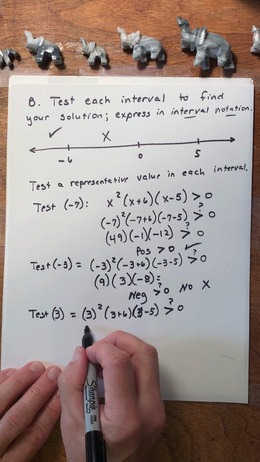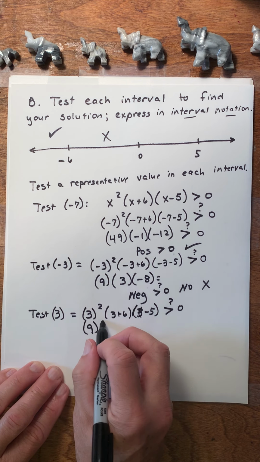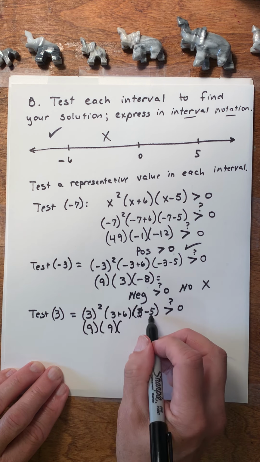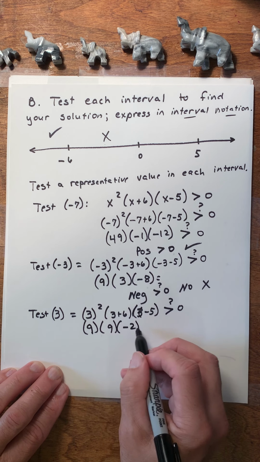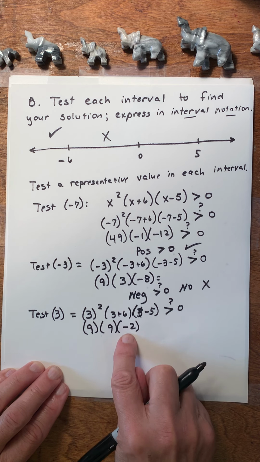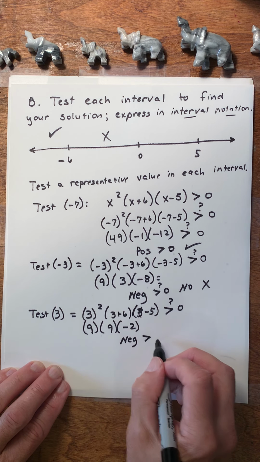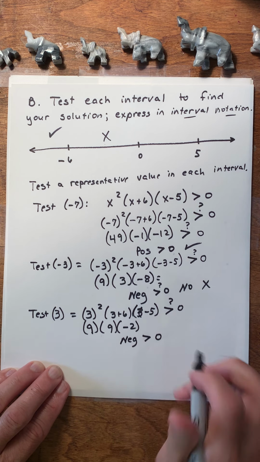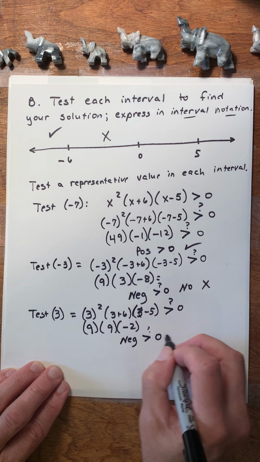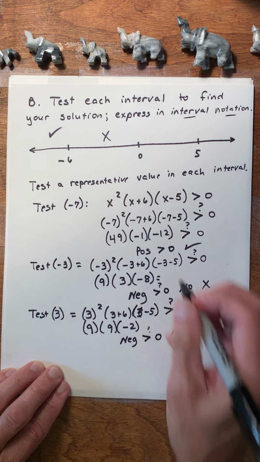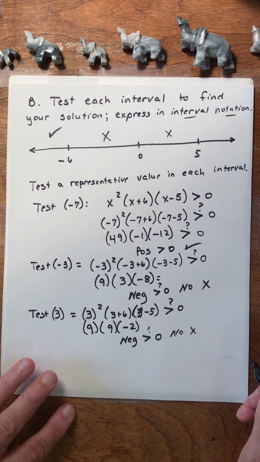Let's find out. 9 times 9 times negative 2. Look at there. One negative. That means this whole thing is going to be negative. Is a negative number greater than 0? Absolutely not. So this is a fail as well.